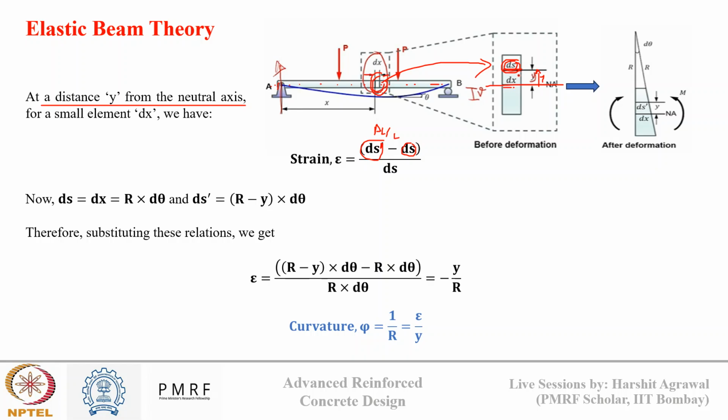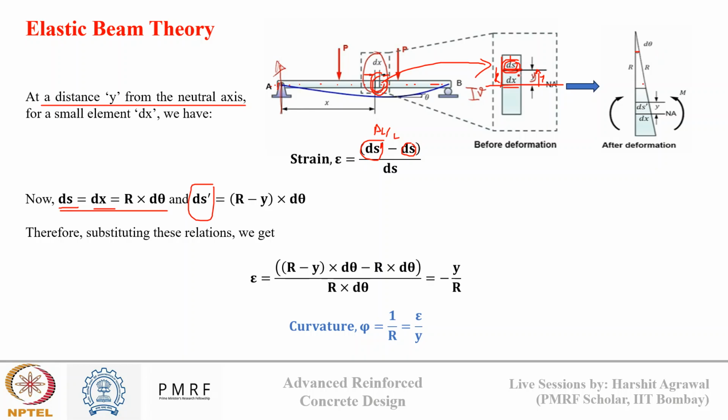The neutral axis length will be equal to all the lengths that are there below and above the neutral axis, so ds I can write as dx, and this will be equal to r d theta. Here r is the radius, the distance of the neutral axis from the center of curvature, and d theta is the angle that is there in the beam. So we can write ds as r d theta.